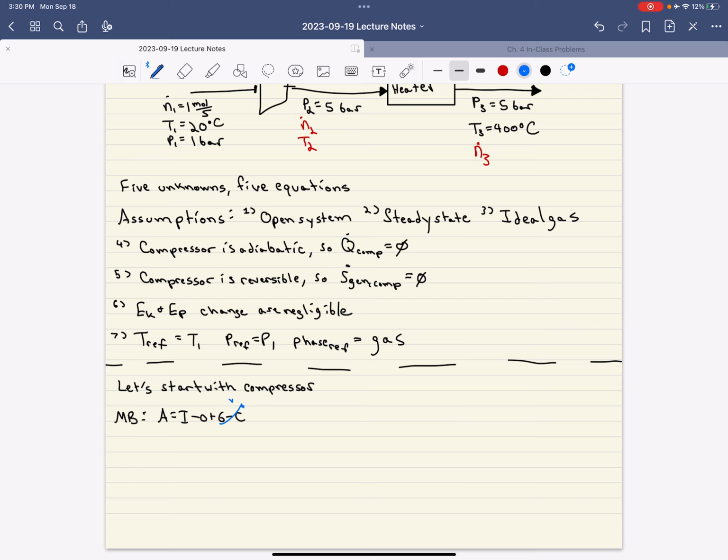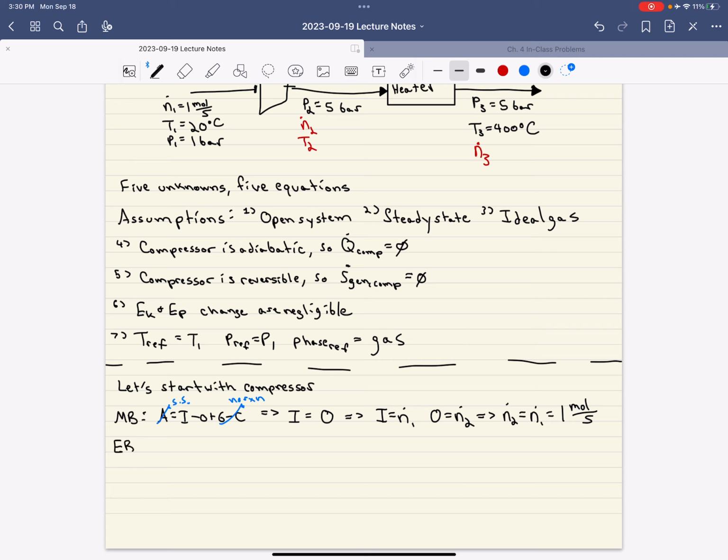There's no reaction, and we're at steady state, so the input to the compressor is equal to the output. Therefore N2 is equal to N1, which is just 1 mole per second. From our material balance, the molar flow rate is constant.